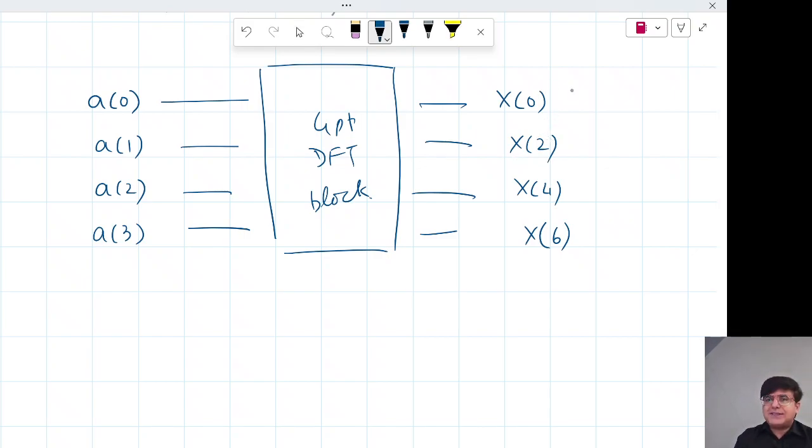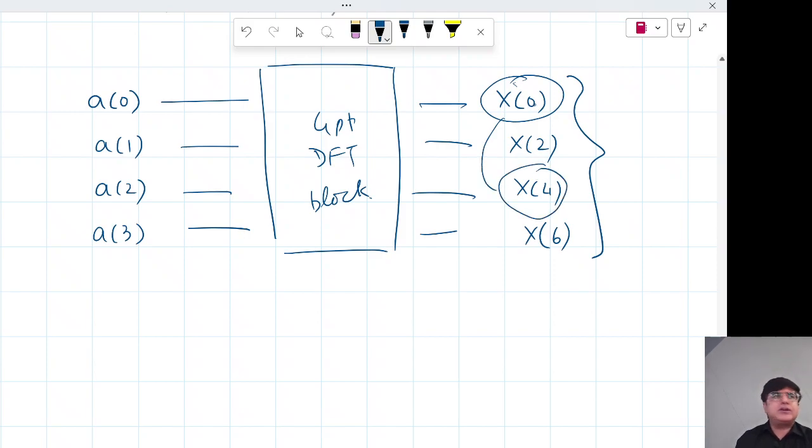Now in this case, the output sequence is this one. So what are the even coefficients for this one? This one and this one, because this is coefficient number 0 and this is coefficient number 2 for this particular sequence. This is coefficient number 1 and this is coefficient number 3.